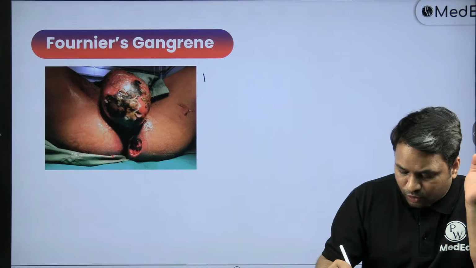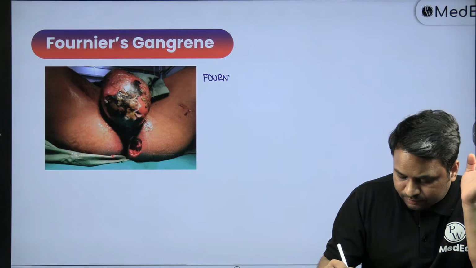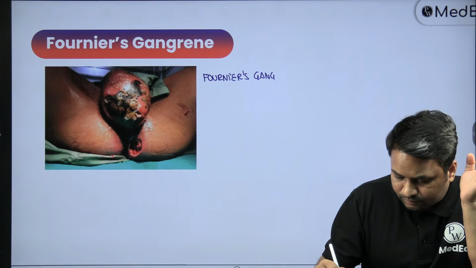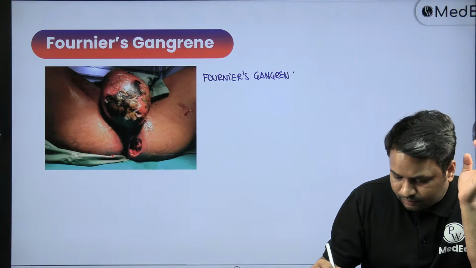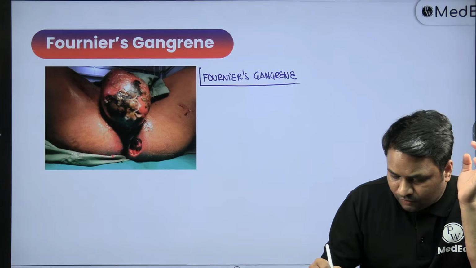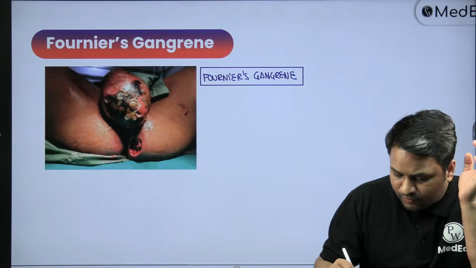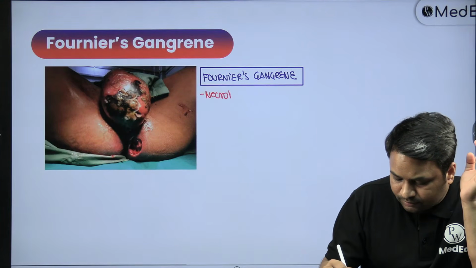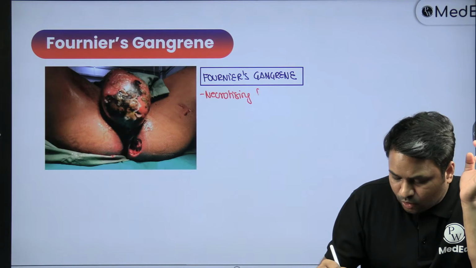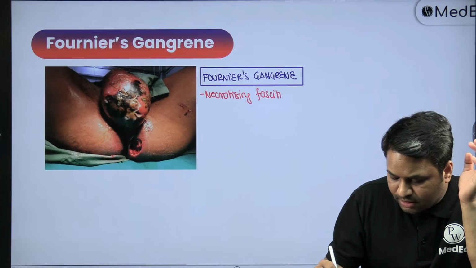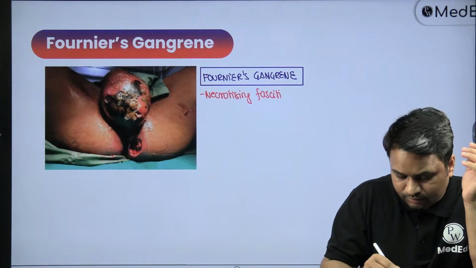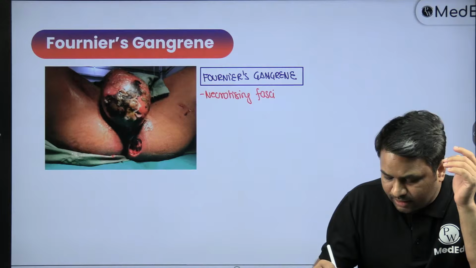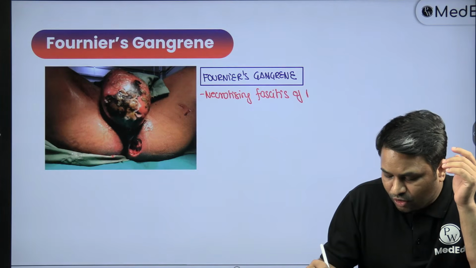This is your Fournier's gangrene. Fournier's gangrene is a necrotizing fasciitis of the perineal region.